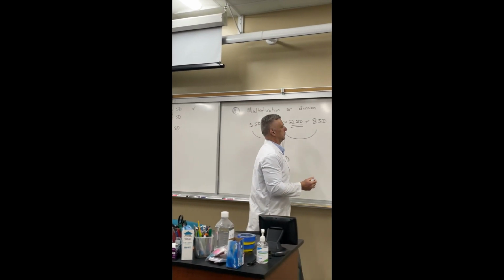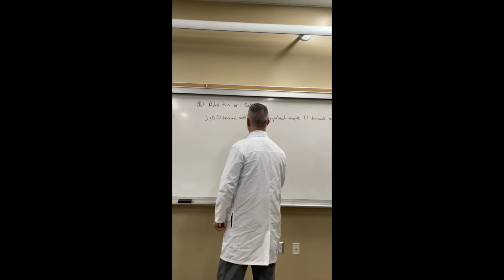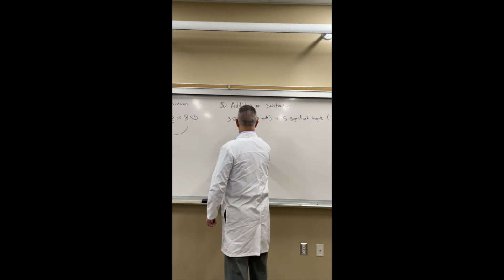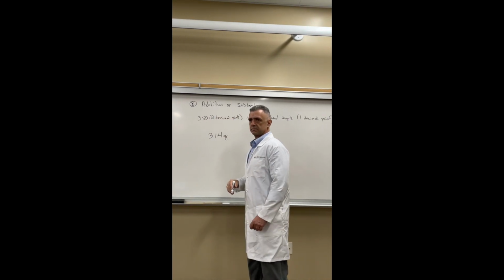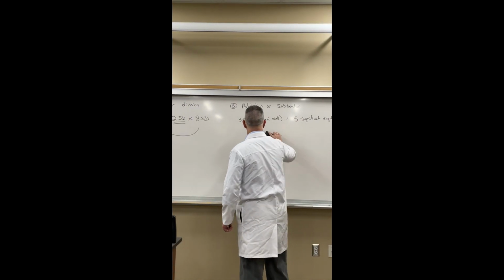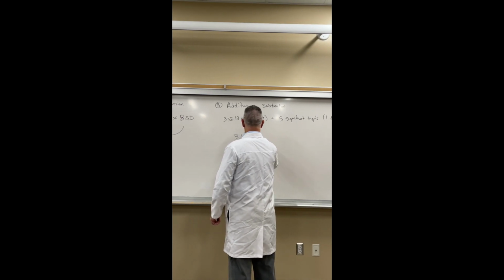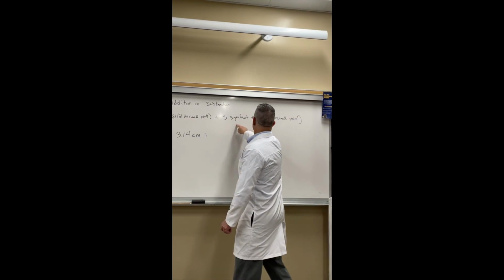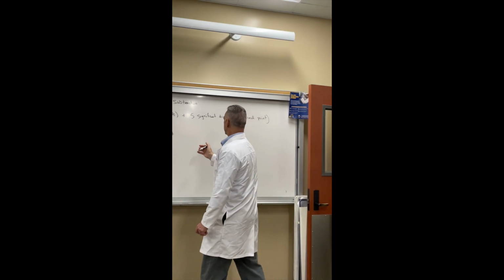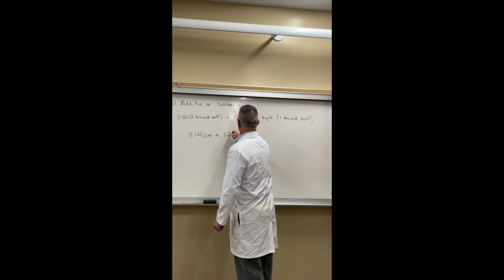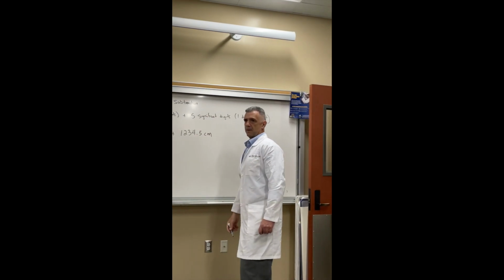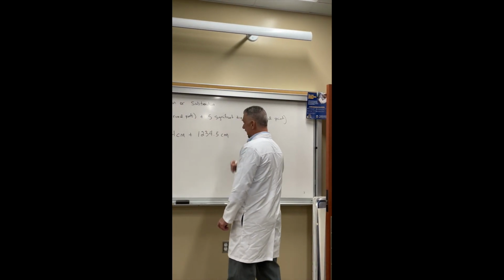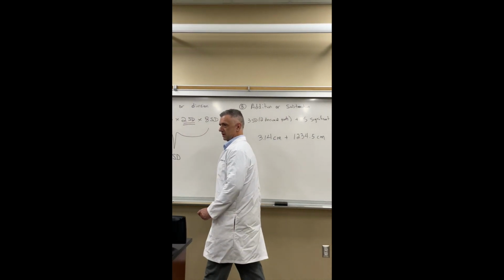So let's give you a real life example. 3 significant digits with 2 decimal points: 3.14 grams, let's say. Or let's make it something else. Let's make it 7. Plus 5 significant digits with 1 decimal point: 1, 2, 3, 4.5 centimeters. Which of these 2 numbers has the lowest number of decimal points?